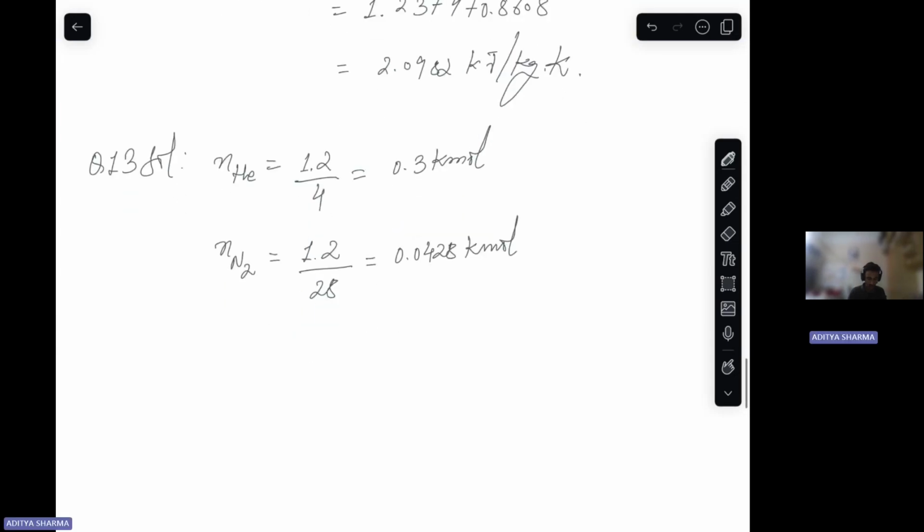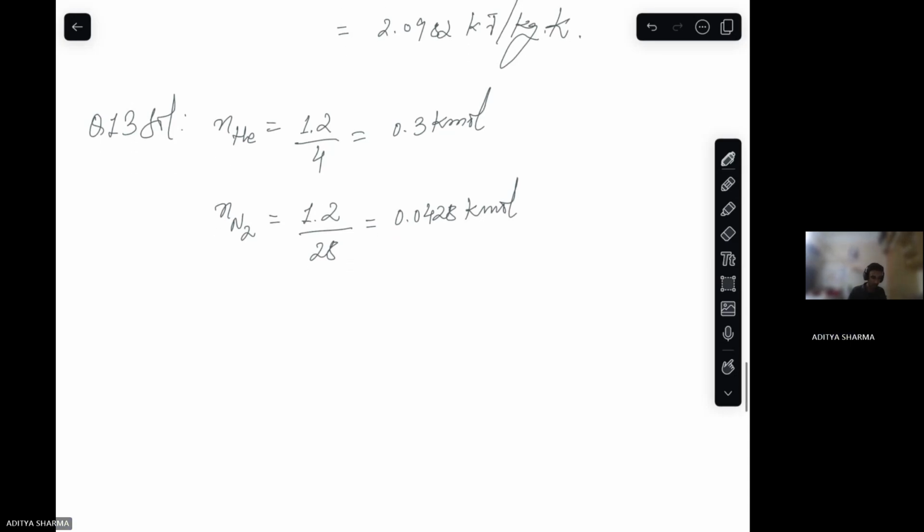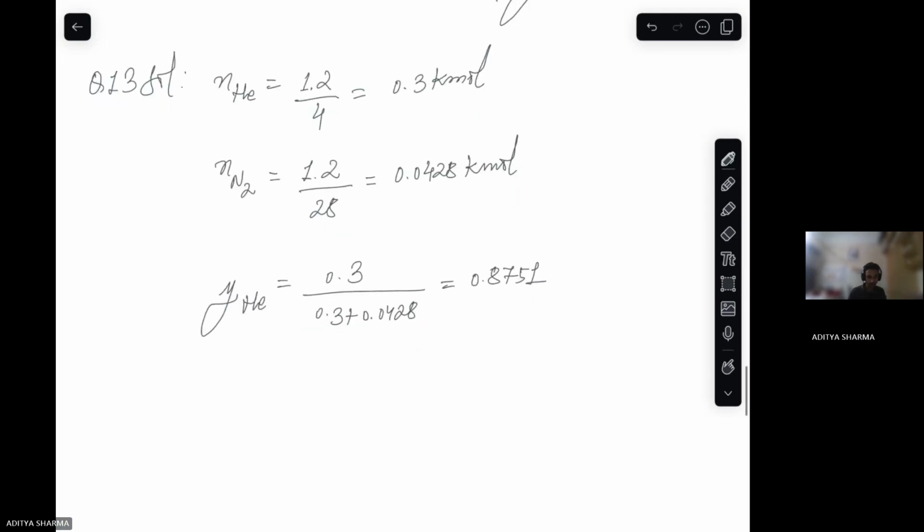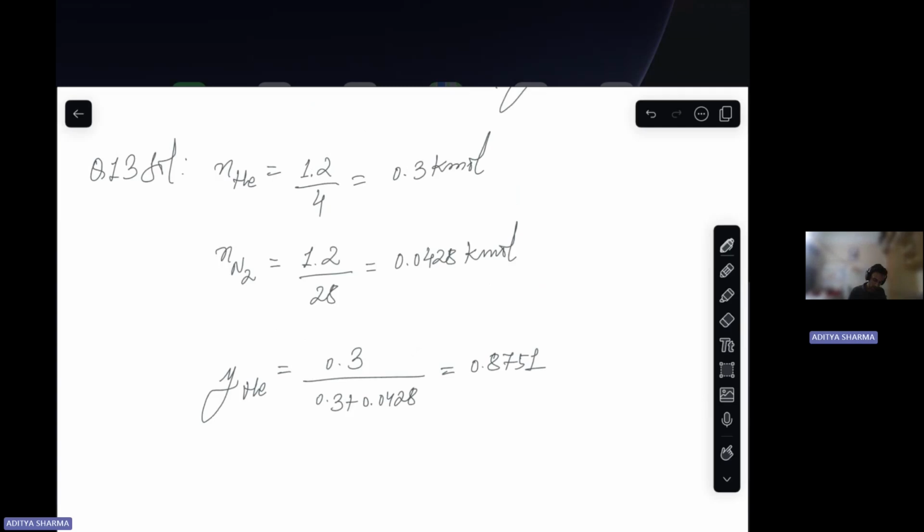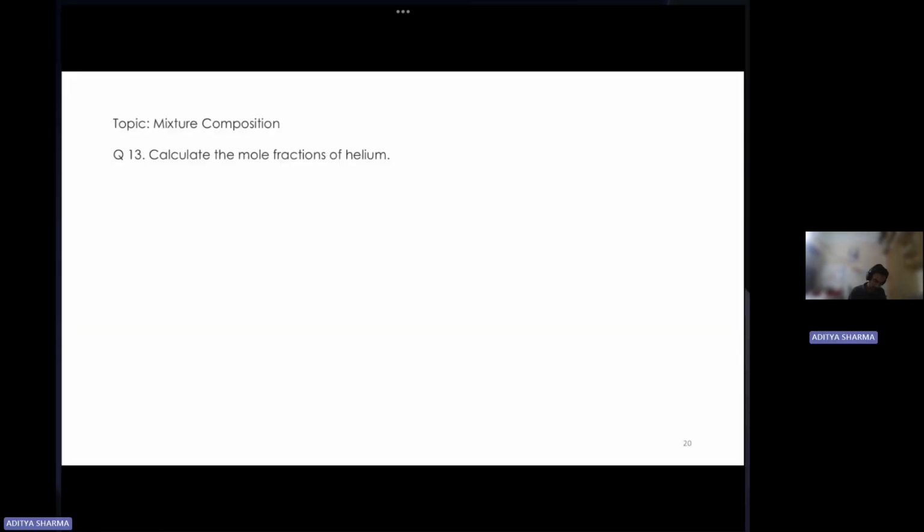And this is the number of moles for nitrogen. So mole fraction for helium comes out to be 0.3 divided by 0.3 plus 0.0428. And this comes out to be this. So this is your solution number 13.